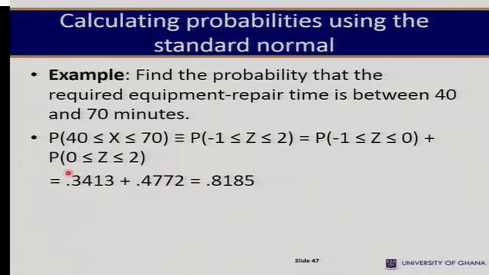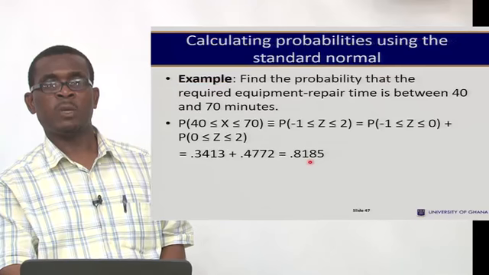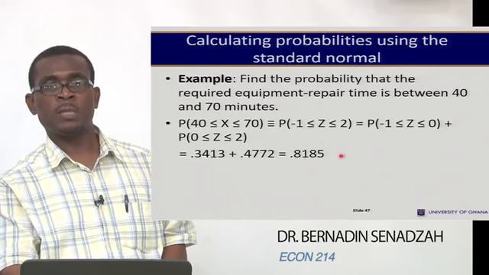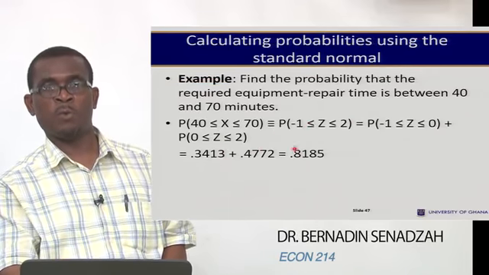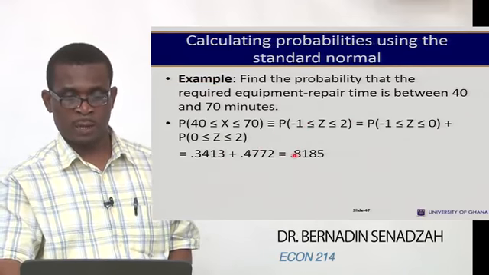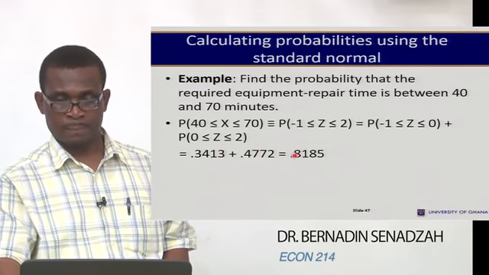And now between 0 and 2, when you read from the table, you read for 2.0 under 0, 0, it is 0.4772. When you sum it, it is 0.8185. Note that we are applying the OR rule, the addition rule here. So that is it.